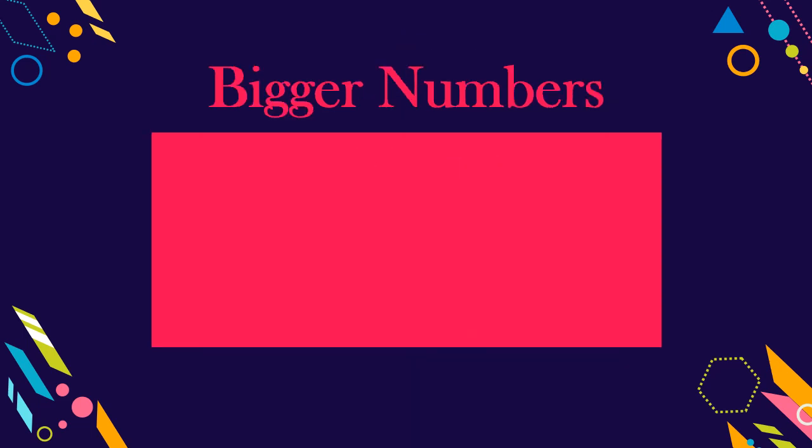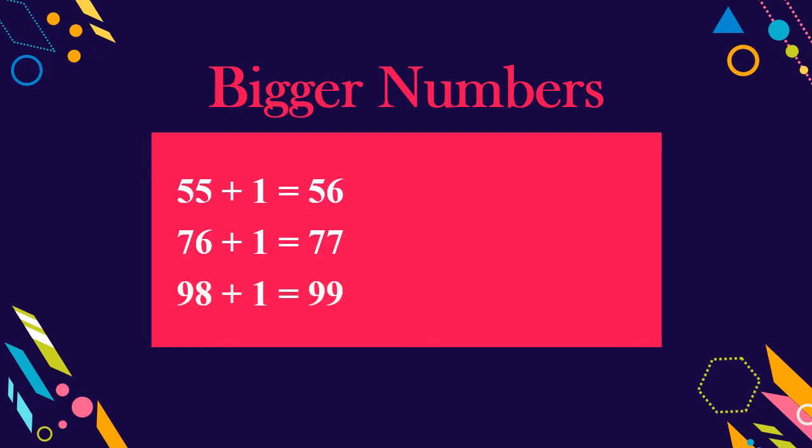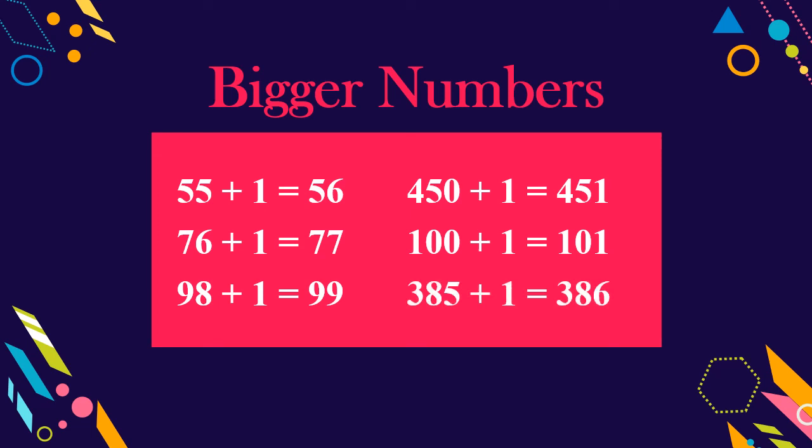Now for bigger number, we can write the next number quickly. For example, 55 plus 1 equals 56, 76 plus 1 equals 77, 98 plus 1 equals 99, 450 plus 1 equals 451, 100 plus 1 equals 101, 385 plus 1 equals 386.